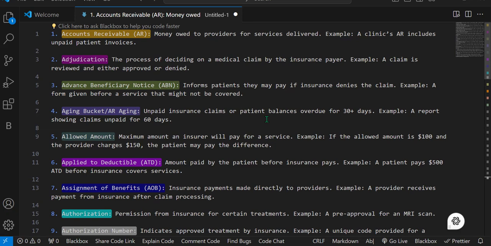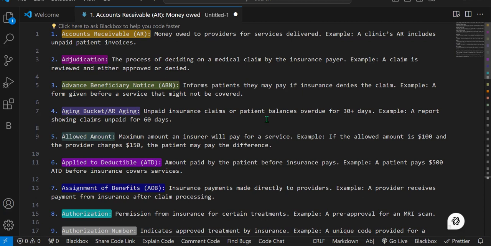Then the doctor's office will give an advance beneficiary notice to the patient: if the insurance company does not pay us, then you have to pay us. That is the meaning of advance beneficiary notice.